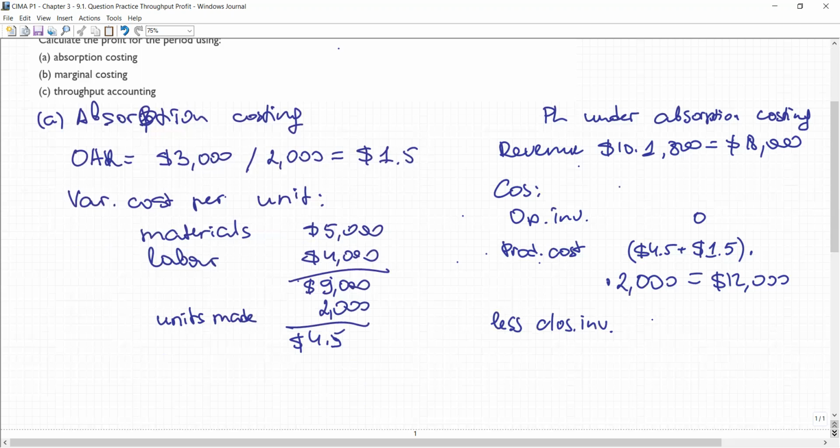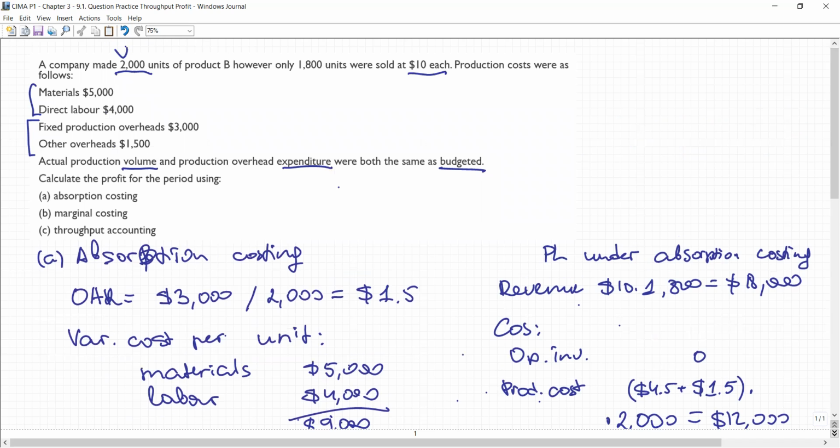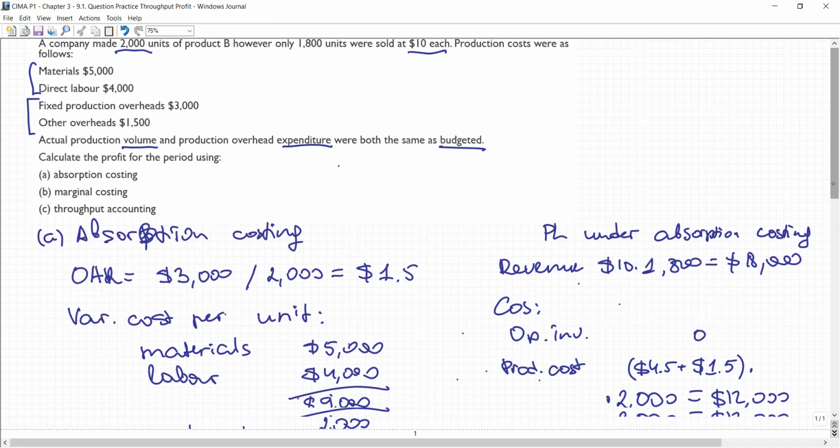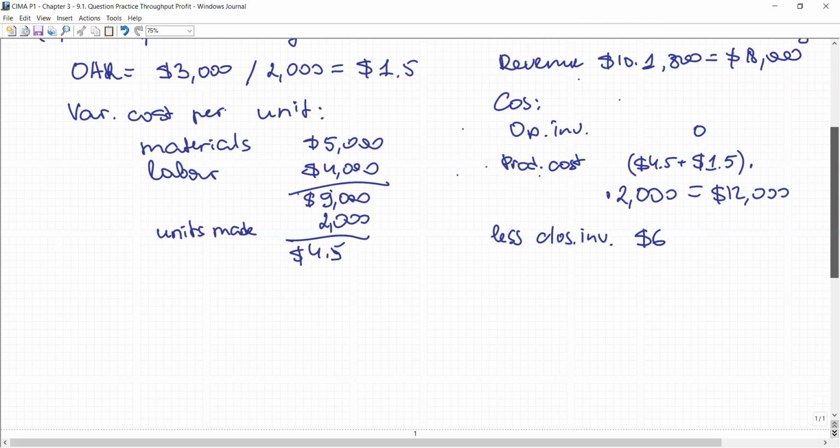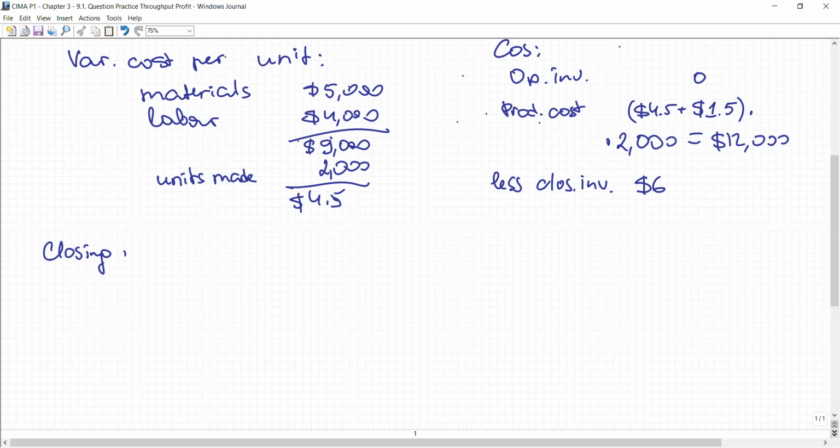So to calculate that, we will take the production cost per unit, which is 6, that is 4.5 plus 1.5. And what is the closing inventory? Well, as we produced 2,000 but sold only 1,800, closing inventory is going to be 2,000 less 1,800, 200.